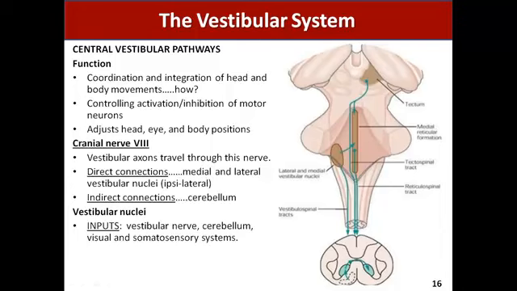So the vestibular nuclei in this illustration here, just very generally depicted, receives inputs, of course, from the vestibular nerve, as we talked about, receives inputs from the cerebellum, from the visual system, as well as the somatosensory system. So lots of information is coming into this cluster of cell bodies, which will then project to the brain and spinal cord.